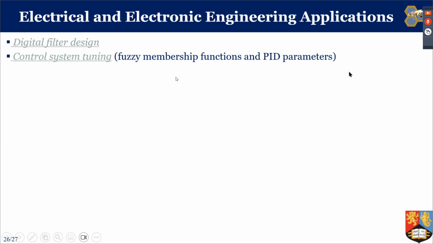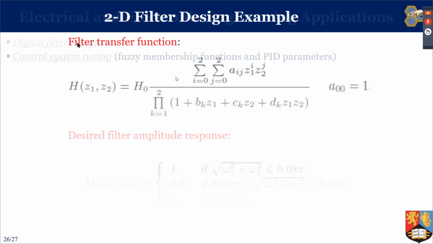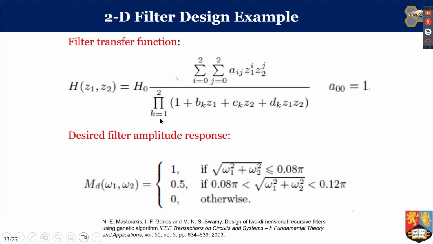Now, I'd like to review a couple of applications of the Bees algorithms, simple applications. One is digital filter design, an application in the field of electrical engineering, of course. So here is a two-dimensional recursive filter, and this is the transfer function of the filter.